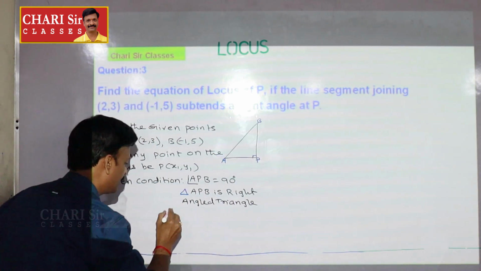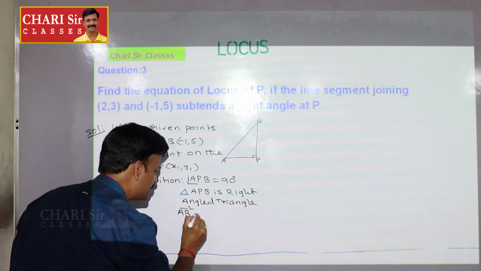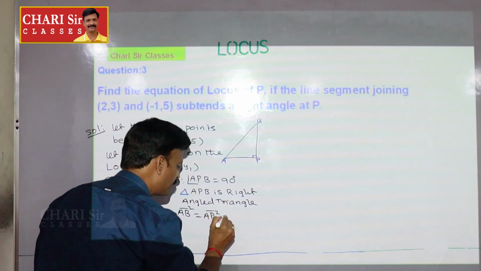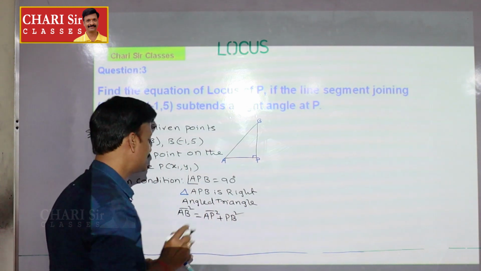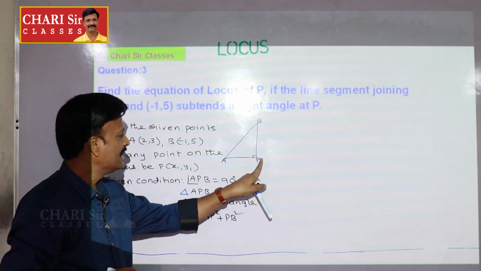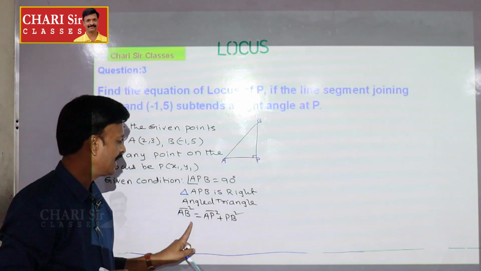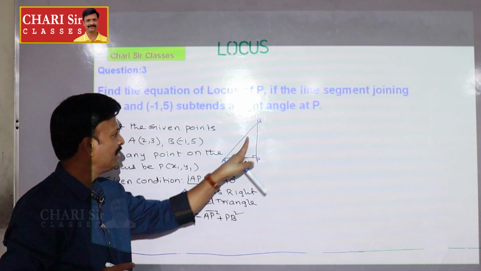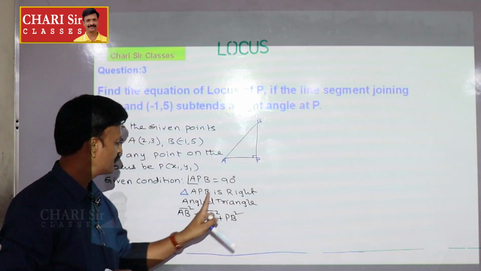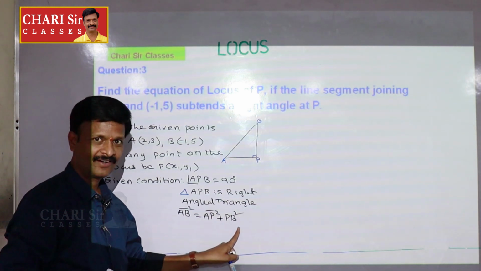AB square, that is hypotenuse square, is equal to AP square plus PB square. This is the actual condition. When the right angle is at P, this triangle APB becomes a right angle triangle in which AB is the hypotenuse and AP and BP are the two sides. So the square of the hypotenuse is equal to the sum of the squares of the other two sides according to the Pythagorean rule.